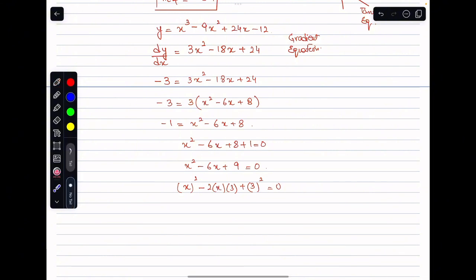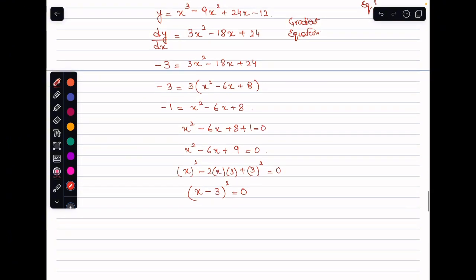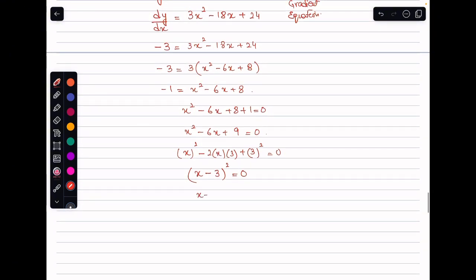So this equation can be written as (x minus 3) the whole square equal to 0. In other words, x minus 3 equals 0, or x equals 3.